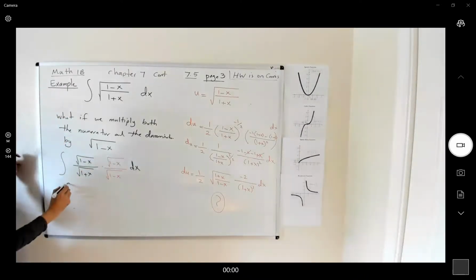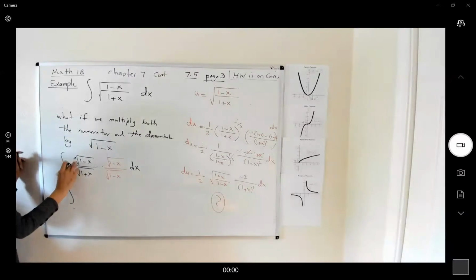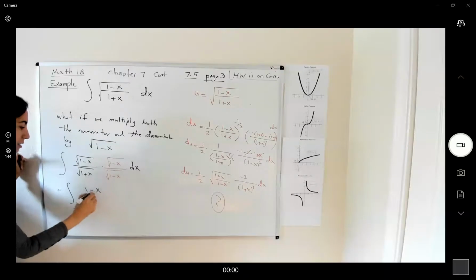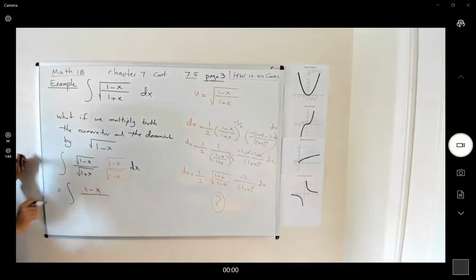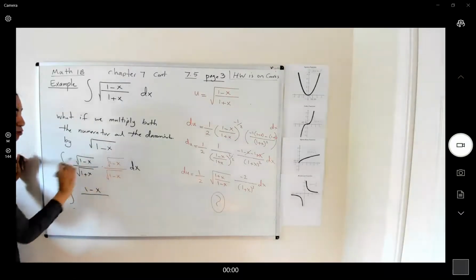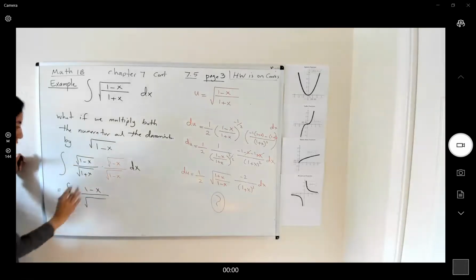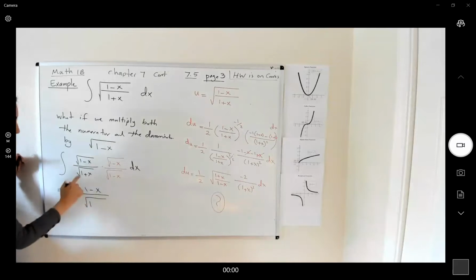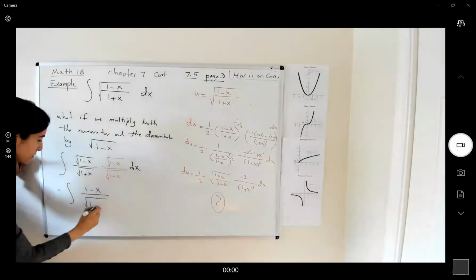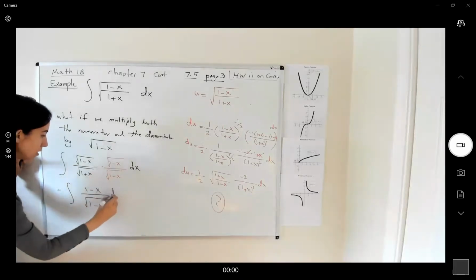Here I get the integral of the square root of (1 minus x) times the square root of (1 minus x), which is 1 minus x. On my numerator, I got rid of the square root. On the denominator, you get the square root of 1 minus x squared, dx.